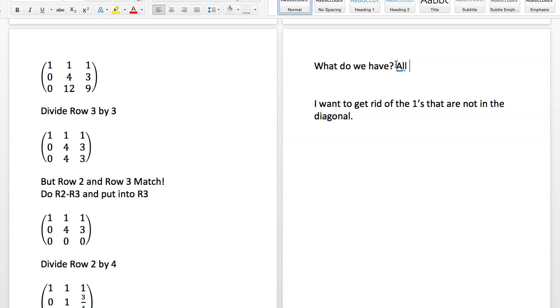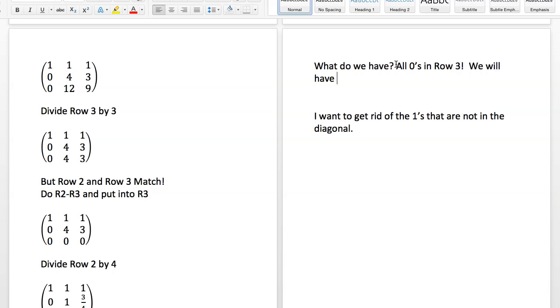All zeros in row 3. We will have a solution. That's the more important thing I need to say. We have all zeros in row 3. We will have a solution. So I want to get rid of all the ones that are not in the diagonal. Namely, these two ones. Well, I want to keep these two ones, but I want to get rid of this one right here and also this one right here.